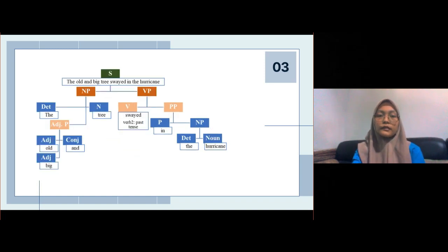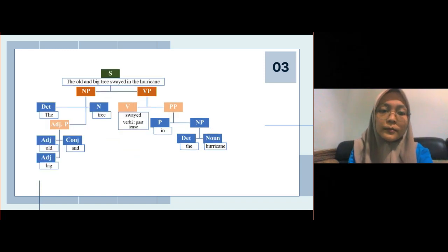And number 3, the sentence is: the old and big tree swayed in the hurricane. The sentence is divided into two nodes, which are noun phrase and verb phrase. Let's break down the noun phrase first. The noun phrase contains determiner, adjective phrase, and noun.